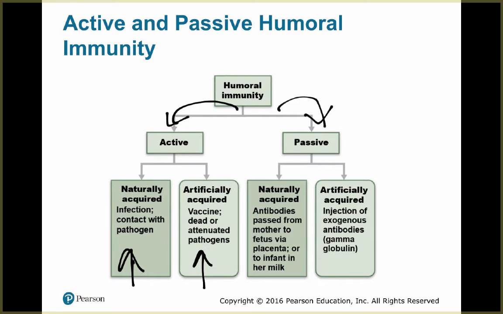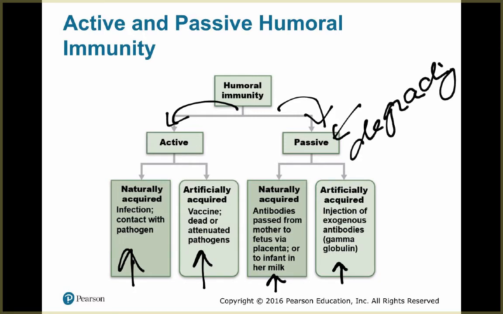Passive means that basically you're not acquiring it from being exposed to it. So you're naturally acquiring through antibodies passed from your mother, or you are artificially acquiring it through injections. This one ends up degrading, and so it's for short term.